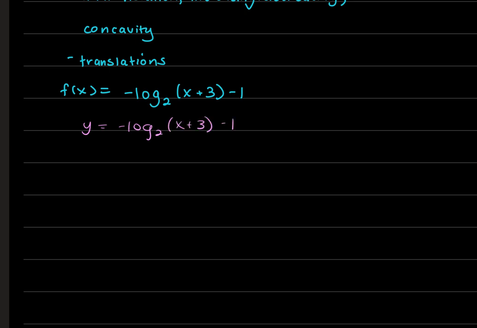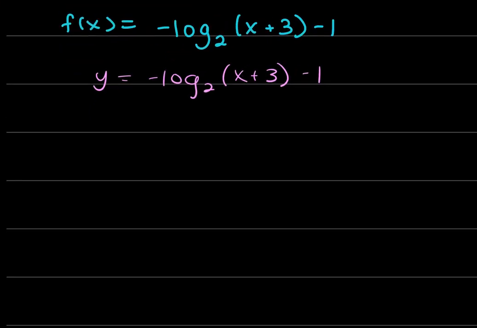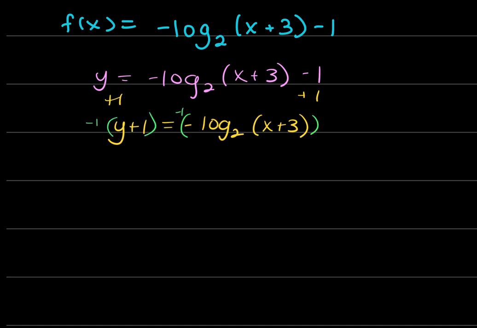We're going to get it into exponential, so we're going to add the 1. y plus 1 equals negative log base 2 of x plus 3. I'd still have to get rid of the negative at the front, so I divide or multiply by negative 1. And I get negative y minus 1 equals log base 2 of x plus 3.